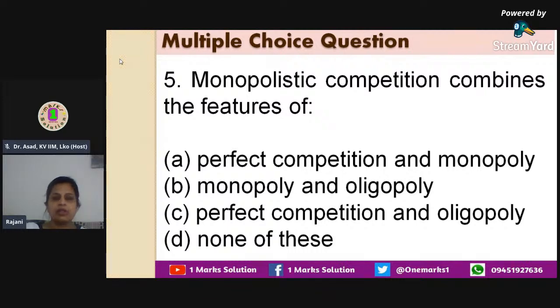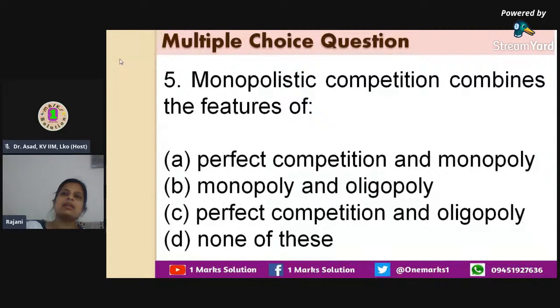So monopolistic competition is also following the same strategy, and they have some control over the market. Monopolistic competition combines the features of perfect competition and oligopoly.